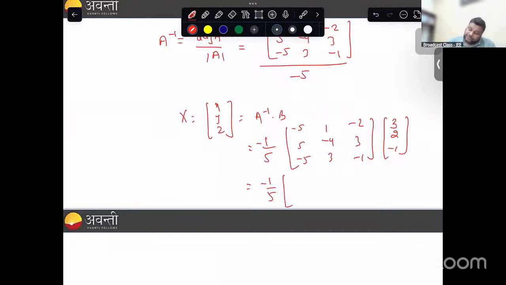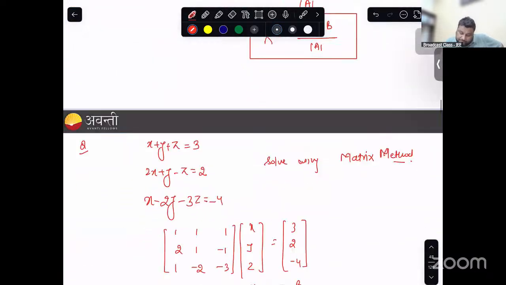First row, first column: -15 + 2 + 2, -11. Second row, first column: -15, 15 -8 -3, so it will be -4 + 4. -15 + 3 + 1, 4. This is also 11.